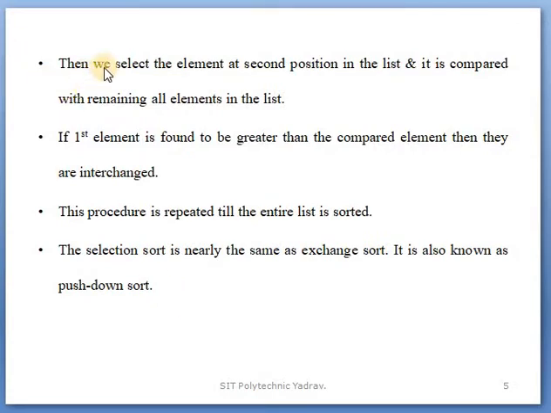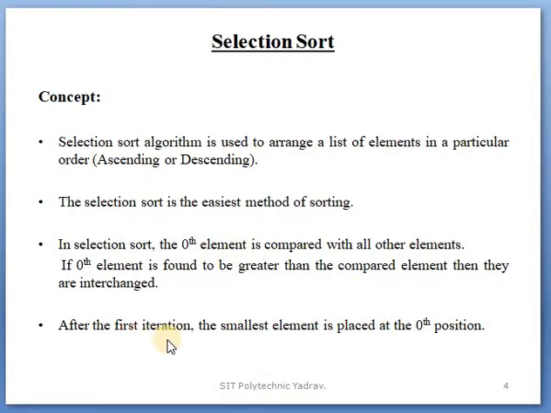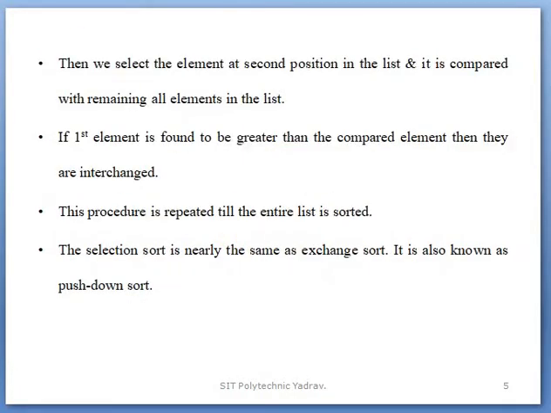Next, the first position is sorted after the first iteration of the 0th position. Then we select the element at the second position in the list. It is compared with all remaining elements in the list.